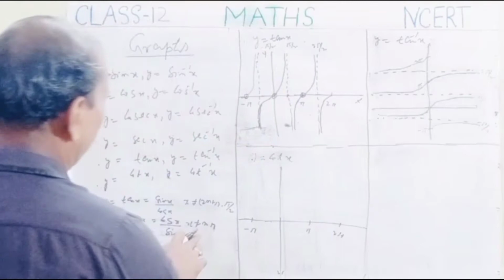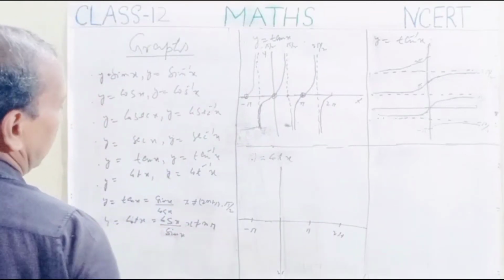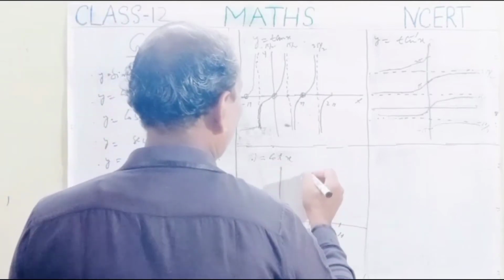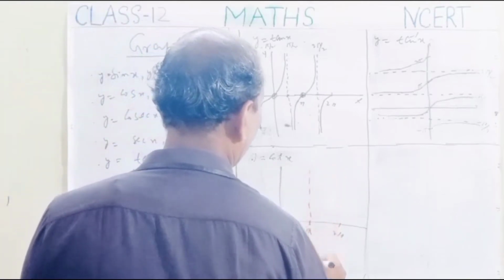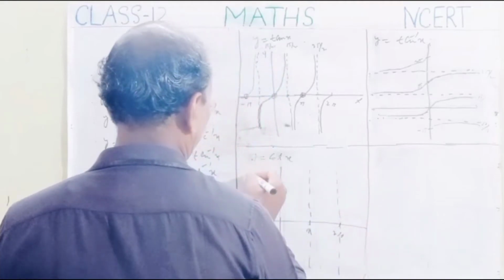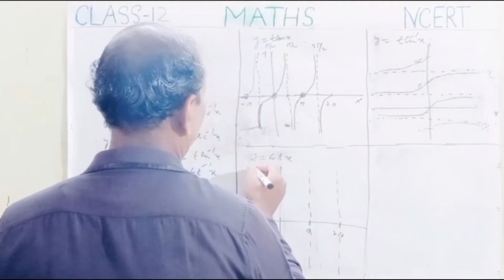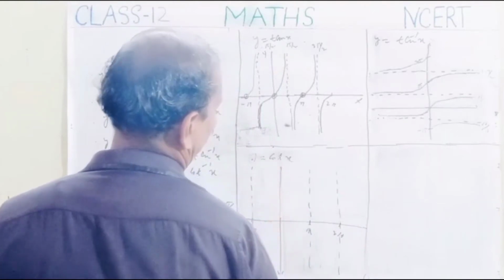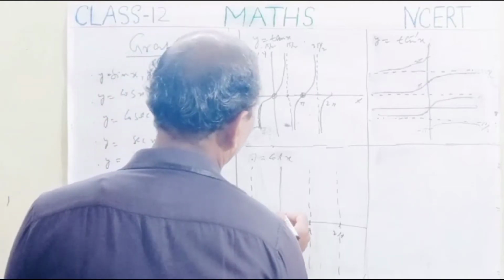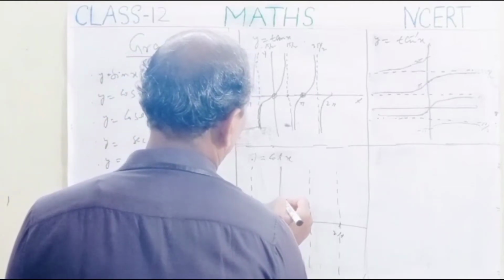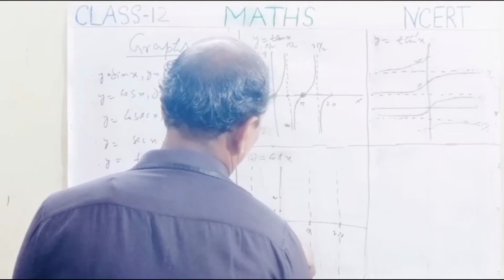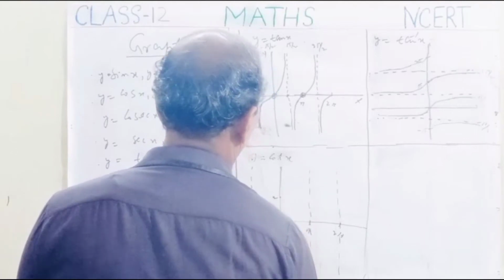At x equal to n pi, cot x is not defined. So this is pi, this is 2 pi, and this is minus pi. Let's suppose the values here are 1, 2, and minus 1, minus 2 like this.